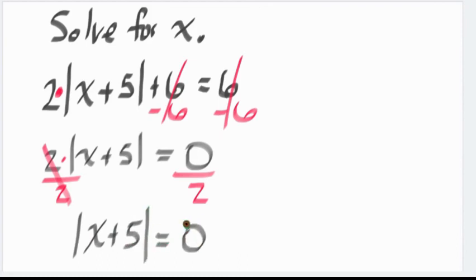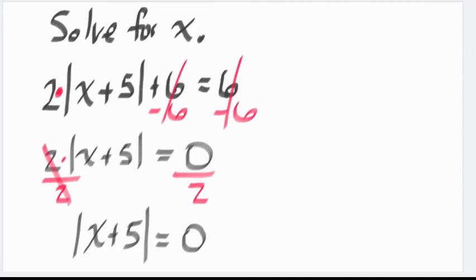Now, this is a situation where it's saying that the distance that x plus 5 is from 0 is 0, meaning we're landed right on 0. We want the distance to be 0 away. So you could try to keep doing the positive direction and the negative direction, but you can't. 0 has no sign.